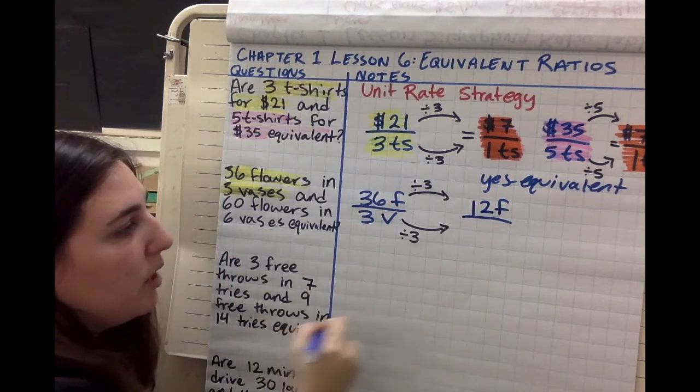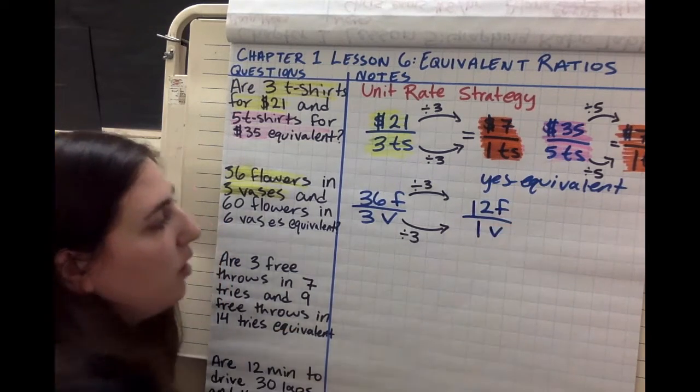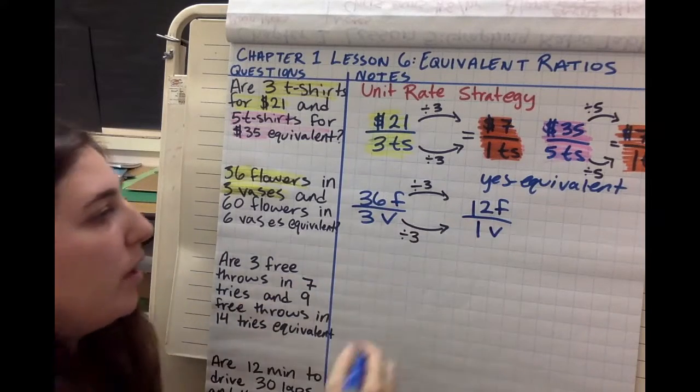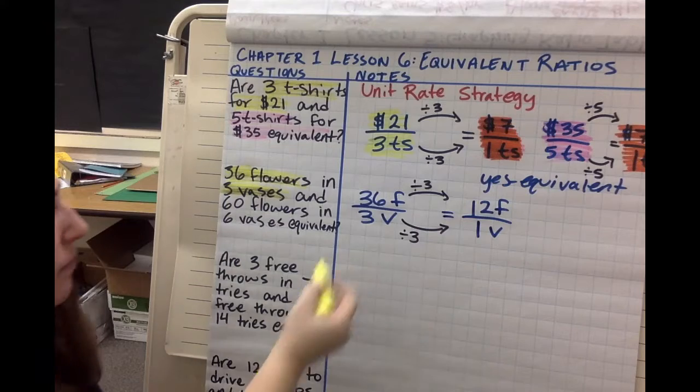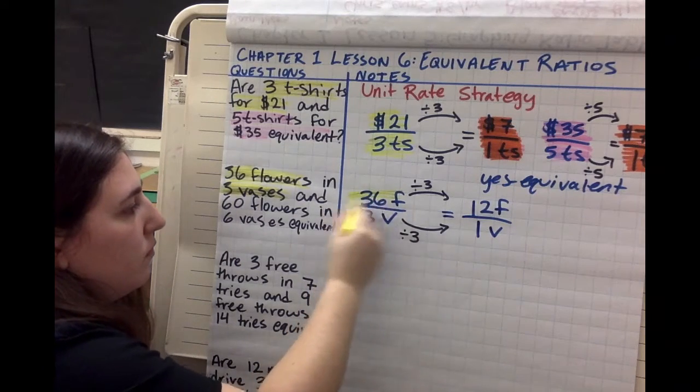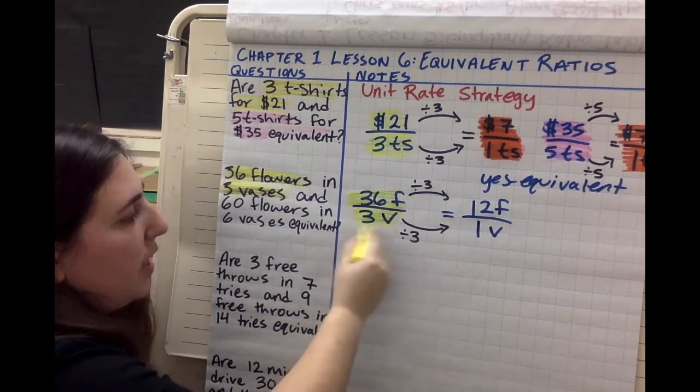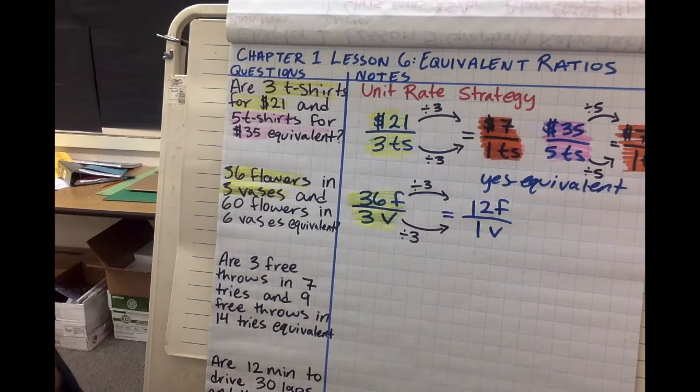And 3 divided by 3 is going to be 1. So 12 flowers for every 1 vase. Finish highlighting that.